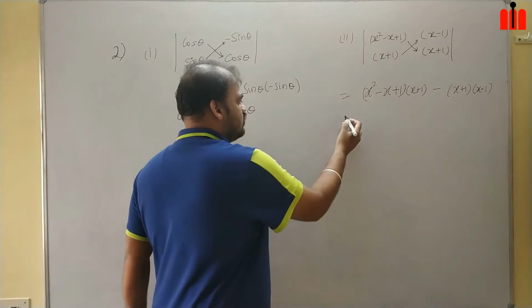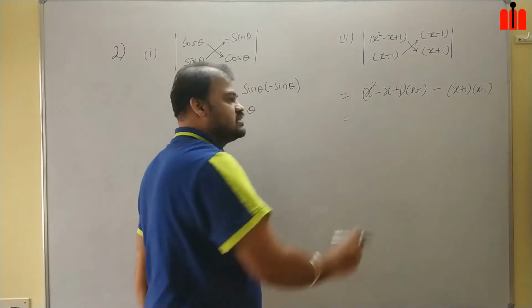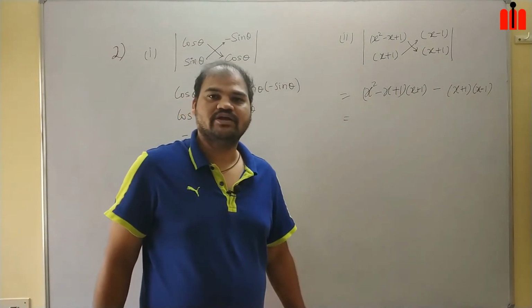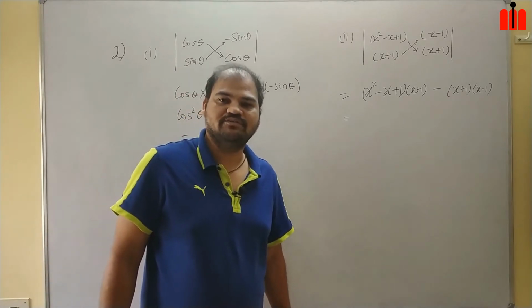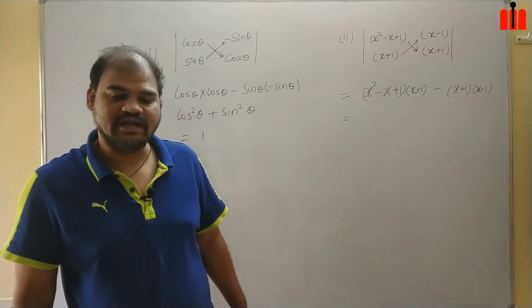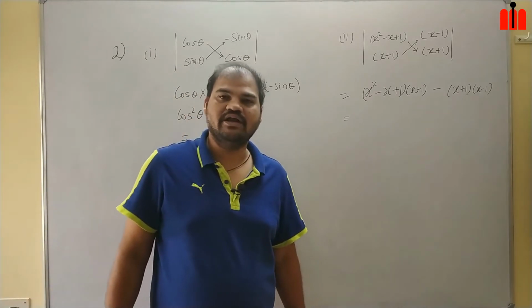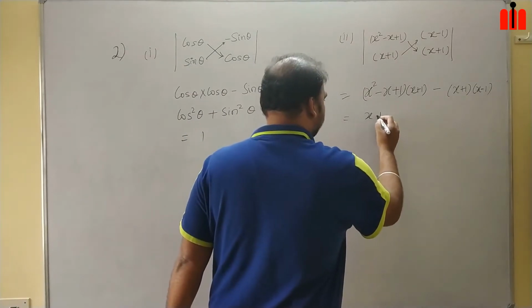Now this is in the form of a cube plus b cube, and the formula is a cube plus b cube equals a plus b into a square minus ab plus b square. So here a is x and b is 1.